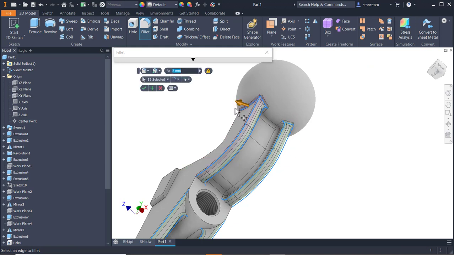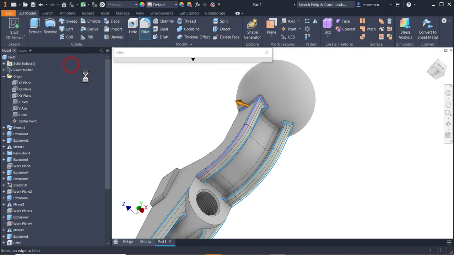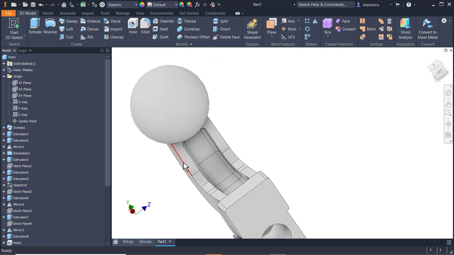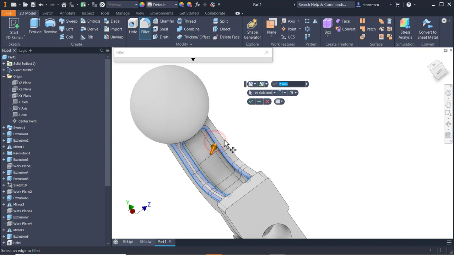Here is not accepted. Let's see which one. 5 of them are not accepted. Okay, we'll find them. External, external, external, external.